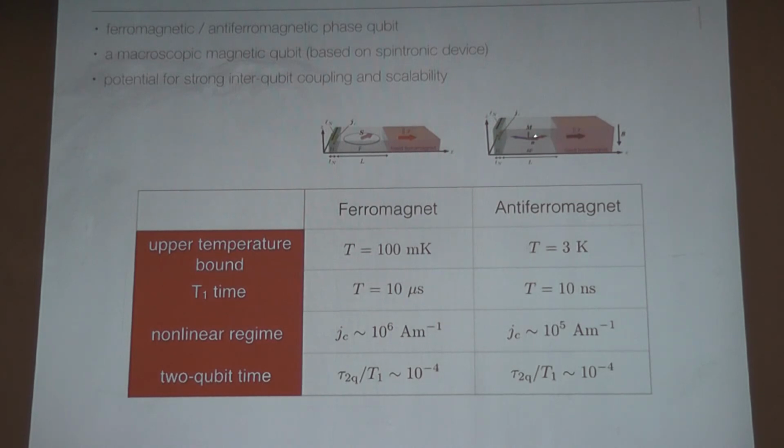In the antiferromagnetic case, the energy scale to keep the Néel vector within the XY plane is not coming from shape anisotropy, but from the magnetic field, the Zeeman effect. So the shape may not be so crucial. I kind of drew it differently there.